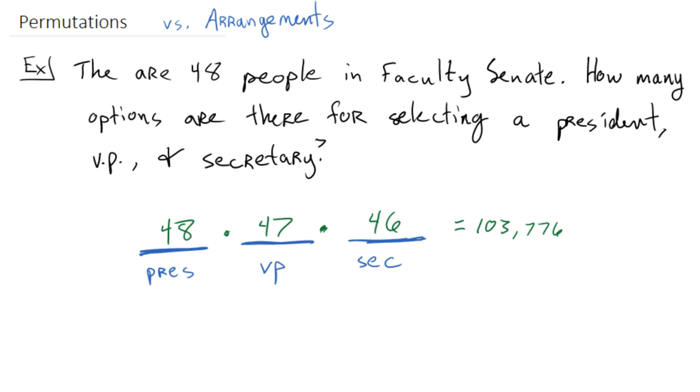So this example also gives me an opportunity to talk to you guys about something that is sometimes confusing to students, and that's this idea of naming the slots. These slots, president, vice president, secretary, or like we saw with our garage, it was the first garage door, the second garage door, the third garage door.